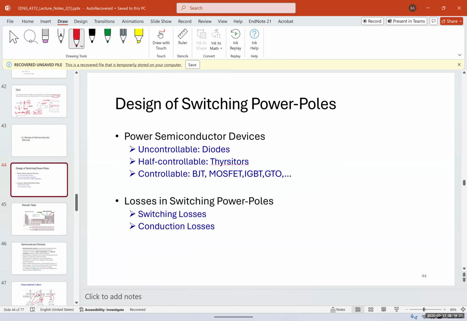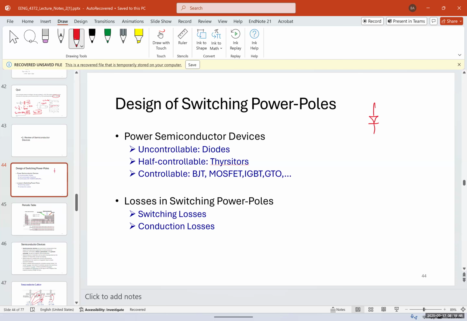So switches are mainly made out of semiconductors. For the design of switching power poles, we have power semiconductor devices. For those, we have uncontrollable systems, which are diodes.